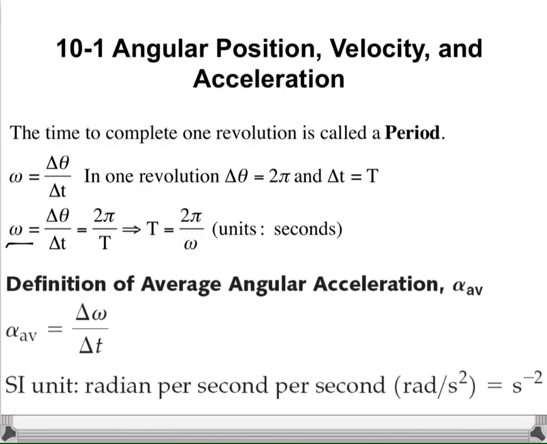Since one revolution is 2 pi radian, and the time for one revolution is the period, called capital T, there is a relation between omega and the period. If you are given the angular velocity of an object, you can easily calculate its period: T is just 2 pi divided by omega.